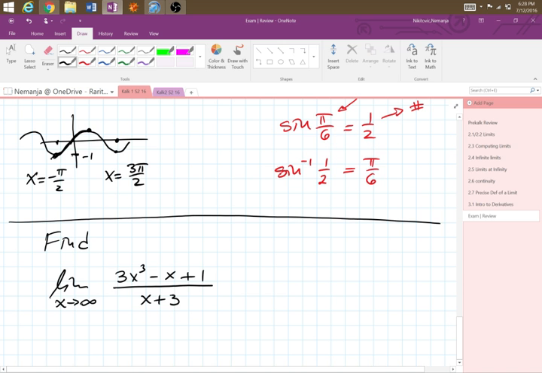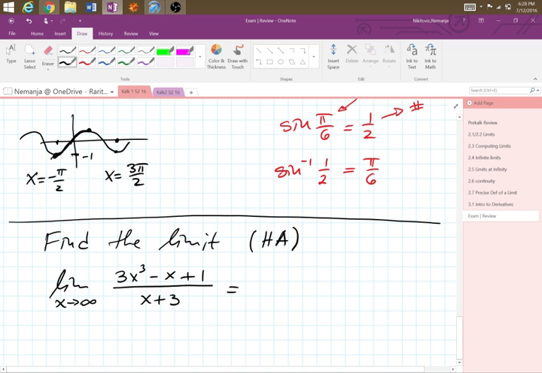This is actually... So find the limit. That's the question. And I'm just going to say horizontal asymptote over here, because this is the definition for horizontal asymptote. If this works out to be a finite number, you will have a horizontal asymptote at that value. If this turns out to be infinity, that means no horizontal asymptote for this function. That's as simple as this. Now let's go and do this.